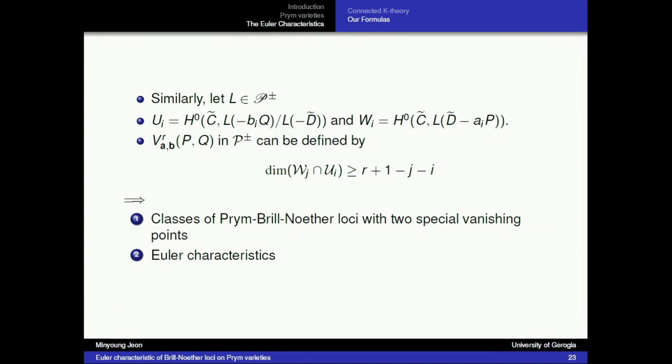And similarly, we can further ask the Euler characteristic of these two pointed loci, or just a numerical class of Prym loci with these two special vanishing points.